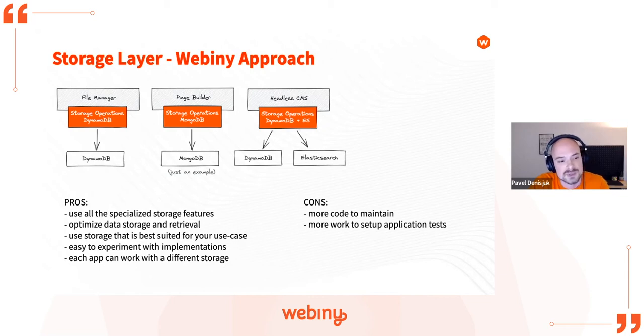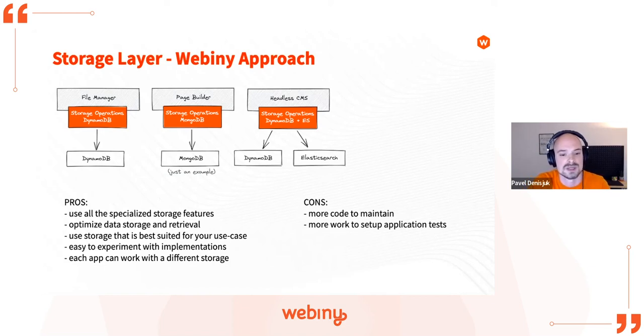So this brings us a couple of benefits of easy experimenting with different implementations and just having different storage, even if we officially do not have a package for, let's say, MySQL, right? We don't. You may say, okay, I want to have MySQL and I want to use it for page builder.